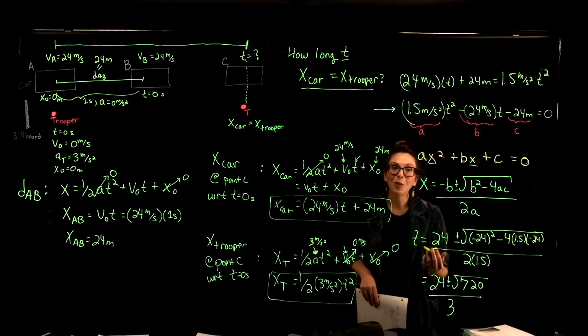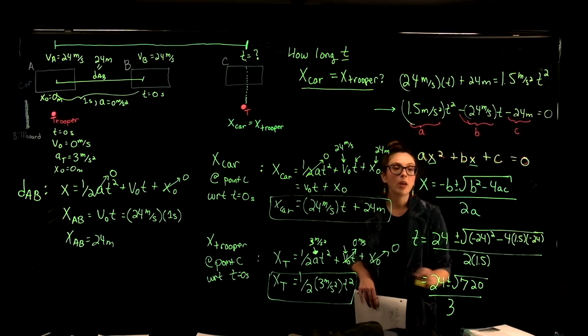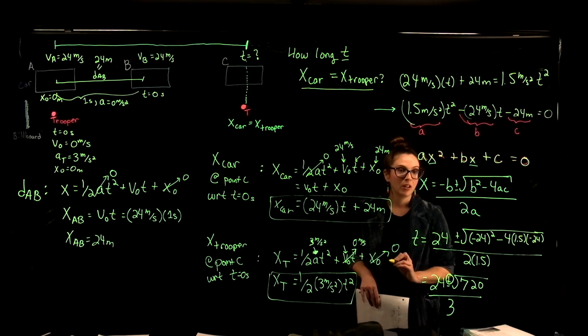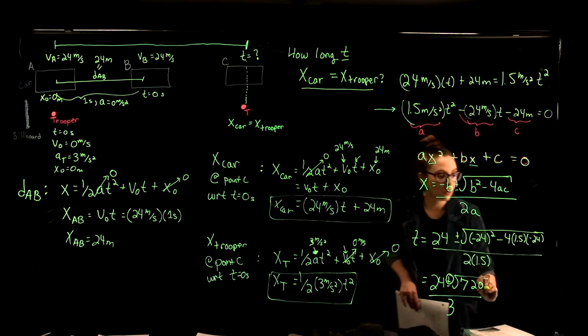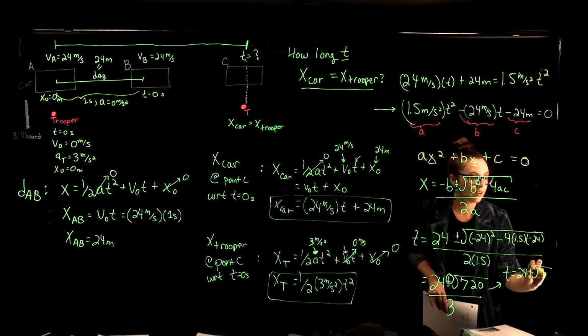Now, we're not going to be looking for a negative value for t, so we're going to want to choose the value here that will use our positive from the plus or minus on this part right here. So the quantity that we're going to get for t is going to be t is equal to 24 plus our square root of 720 divided by 3.